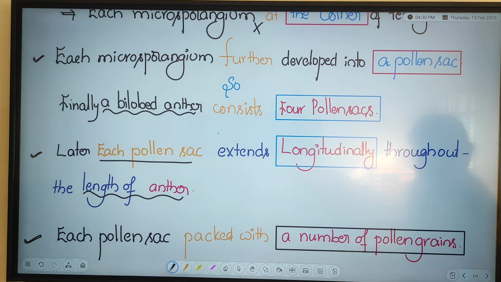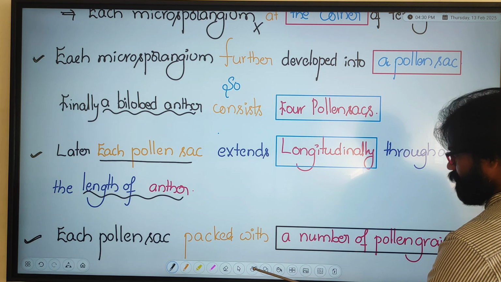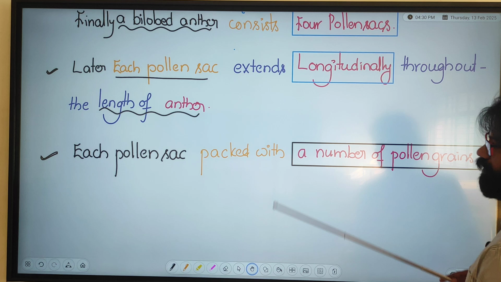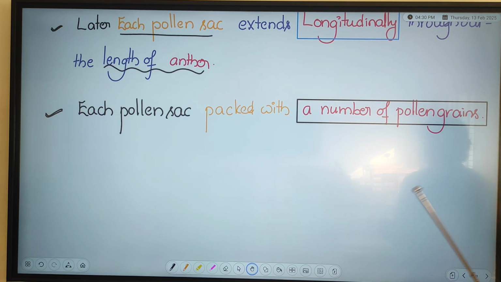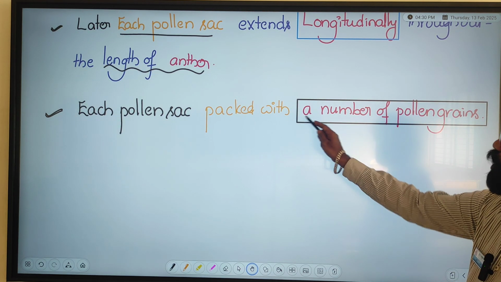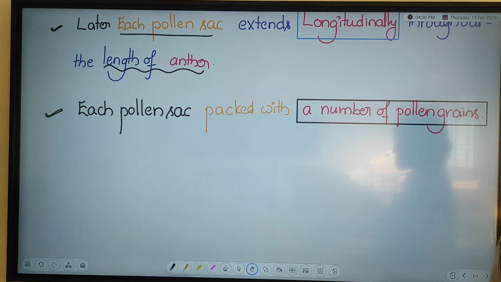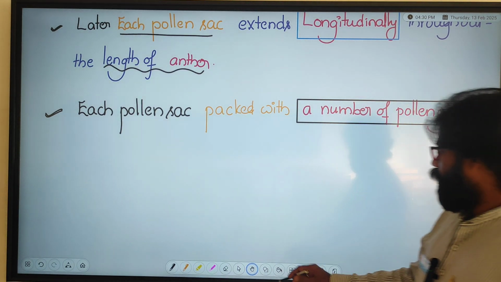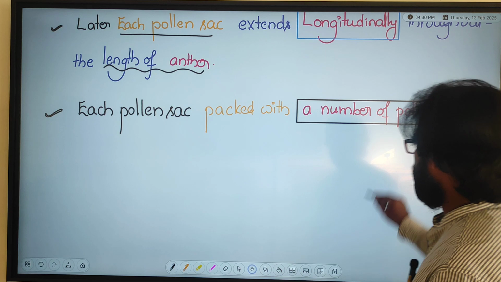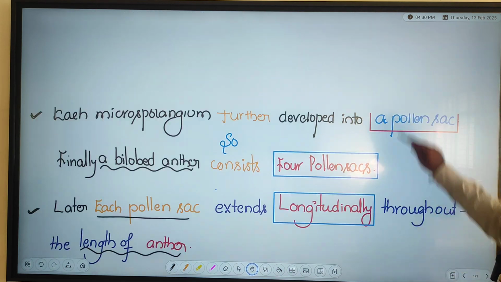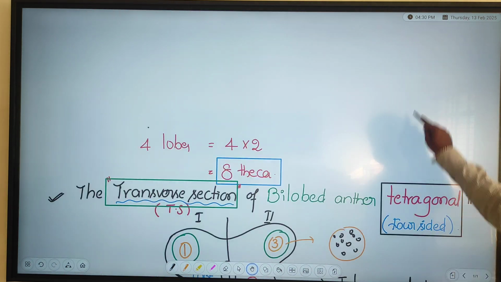This is also one line in the NCERT. Now, each pollen sac is packed with a number of pollen grains. So we need to understand all these things very clearly. Further continuation in the next part.